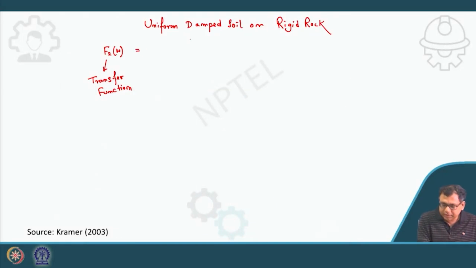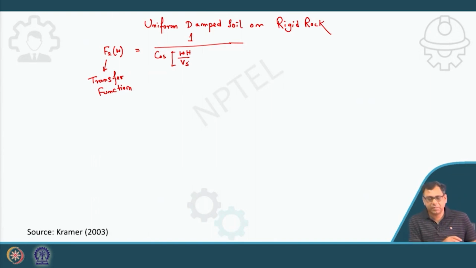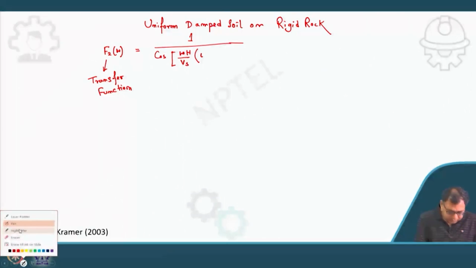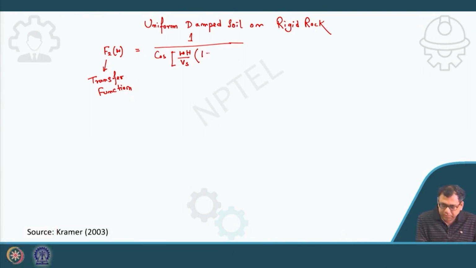Transfer function, now here the transfer function for this case is cos(omega h divided by Vs), the same Vs, h, omega as in the previous case that I have discussed, into one plus i into damping ratio.